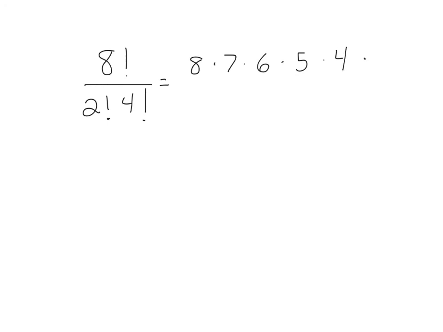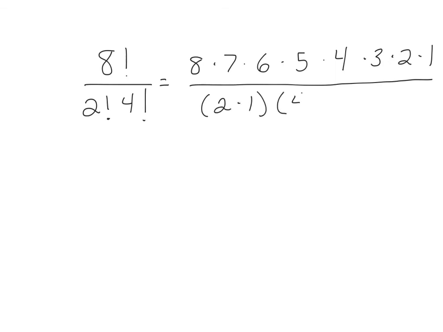Let's take a look at 8 factorial over 2 factorial times 4 factorial. So what we will have is 8 times 7 times 6 times 5 times 4 times 3 times 2 times 1, all over 2 times 1, times 4 times 3 times 2 times 1.